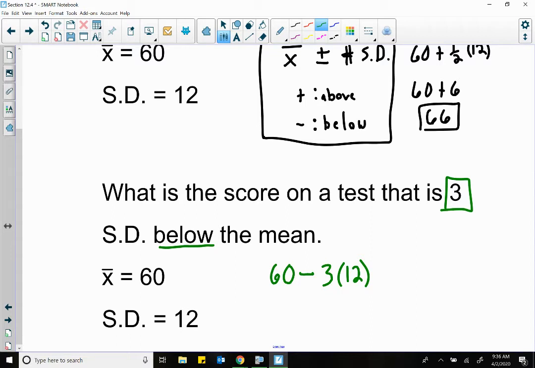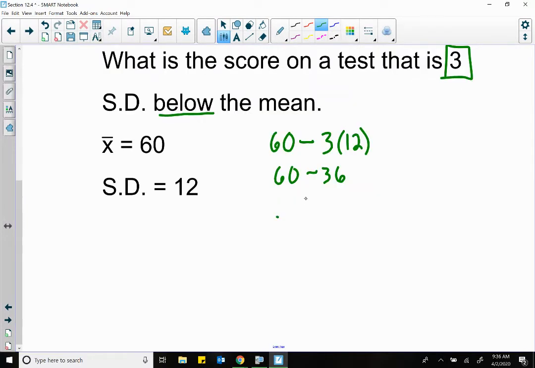And the standard deviation is 12. So 60 minus 3 times 12 is 36. So what is 60 minus 36? We get 24. So that is a score on a test that is 3 standard deviations below the mean.